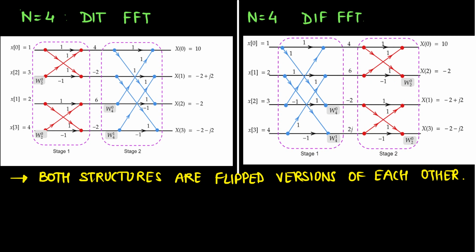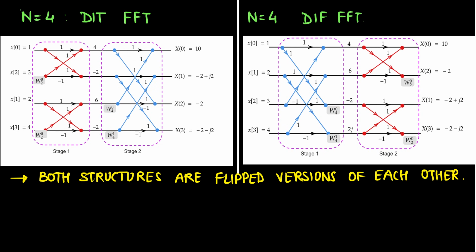Similarly, in this stage 2 we have the twiddle factors W4 to the power 0 and W4 to the power 1, and we are considering a 4-point DFT, whereas in stage 1 of DIF FFT we have W4 to the power 0 and W4 to the power 1 with the 4-point DFT here.